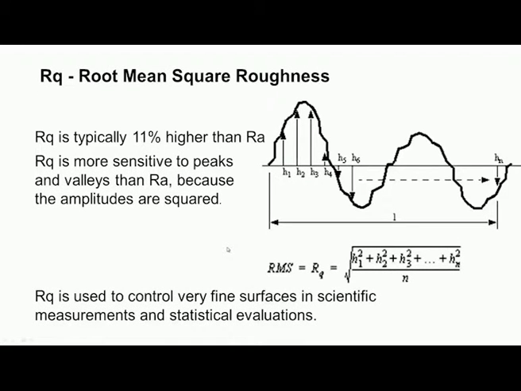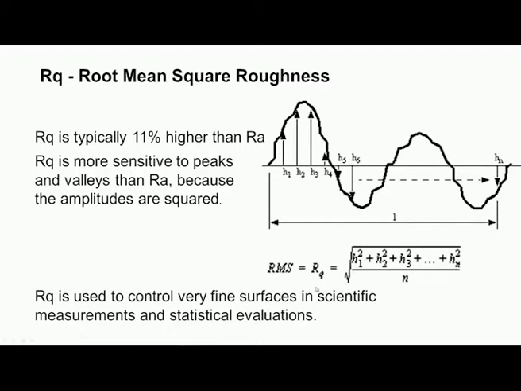Another parameter is RQ, root mean square roughness. In this case, instead of taking only H1, H2 values, the squares of ordinates are taken, like H1 square plus H2 square plus H3 square, and so on, divided by the number of ordinates, under a square root.